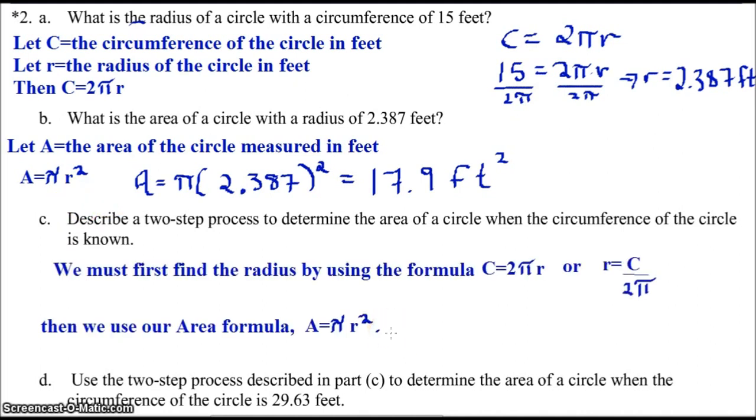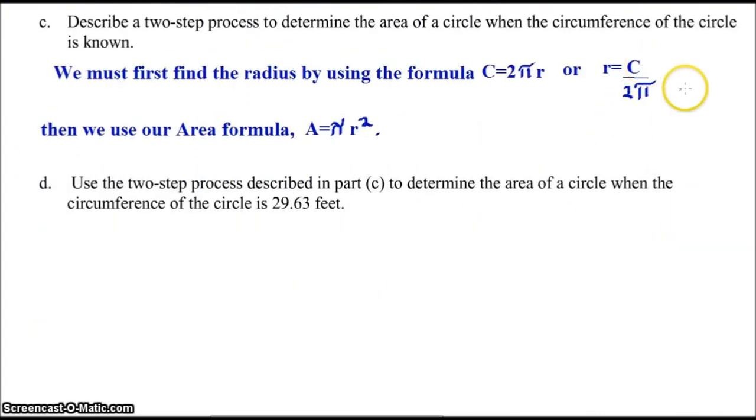Again, we must first find the radius by using the formula C equals 2 pi r, or r equals C divided by 2 pi. Then we use our area formula, A equals pi r squared, using this value here for r. Notice that we could use the composition of functions here and just plug in this value, C over 2 pi, in place of r.